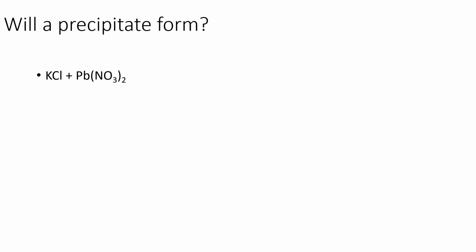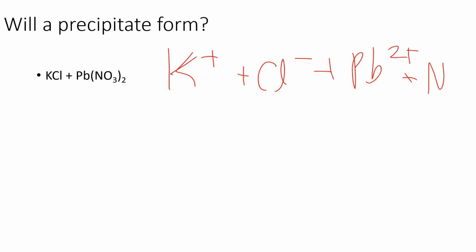Okay, last but definitely not least, we have potassium chloride reacting with lead nitrate. Again, we can break this down into its constituent ions. If we were being precise, there would be a coefficient of 2 here.